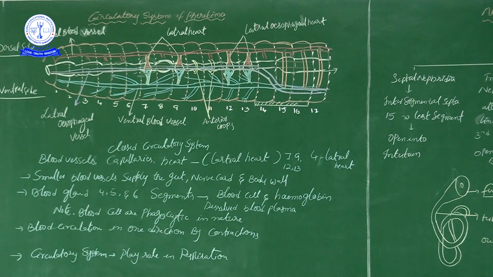In the earthworm, one part will contract, then that contraction pulls all the body parts in one direction. Just observe the movement of the earthworm in its natural view. It can move in both directions, either anterior first or posterior first.